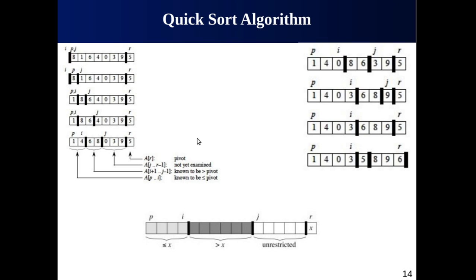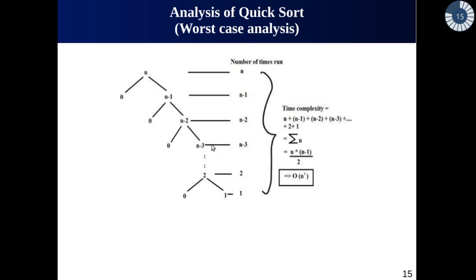Now it's time to analyze the worst case and the best case of the quicksort algorithm. Let's assume that we choose a pivot element in such a way that it gives us the most unbalanced partition possible. Remember, the selection of the pivot is important.